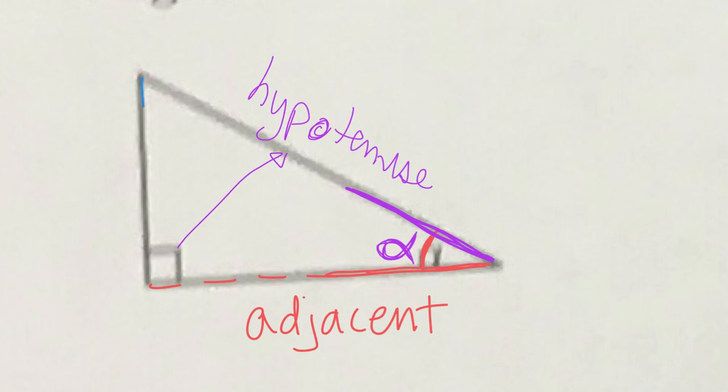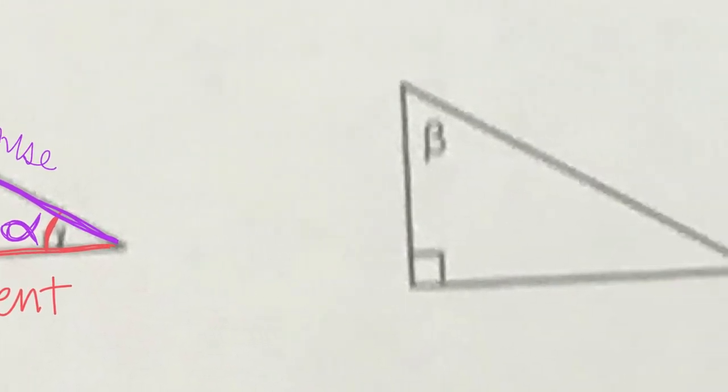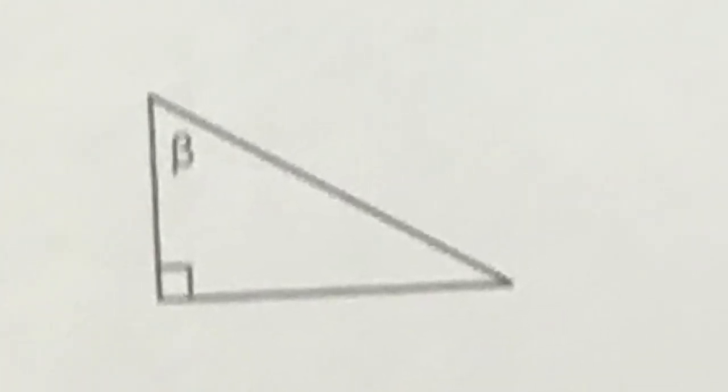Which means what is the name of this side over here across from the reference angle? The opposite side. So we have the opposite side, the hypotenuse, and the adjacent side. Identifying which sides are which is the first important thing to do.